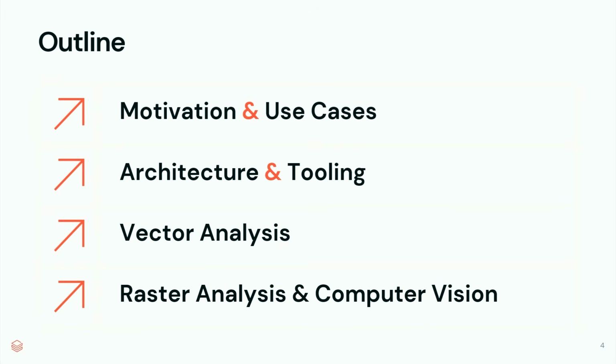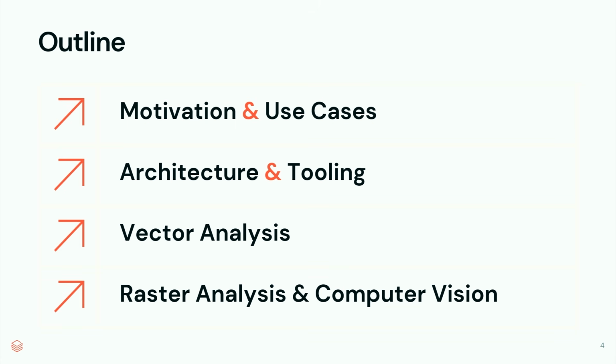Just to give a brief outline, we're going to start off with motivation and use cases. So why is geospatial analysis important when it comes to environment and agriculture? We'll then look at architecture and tools, so how Databricks fits in with the rest of the geospatial platforms, tools and ecosystem.